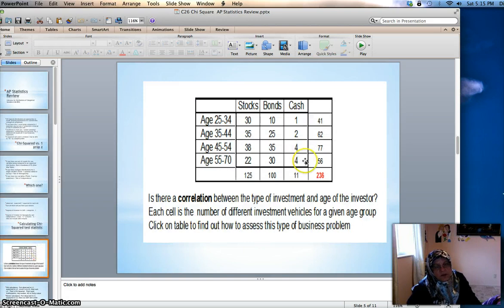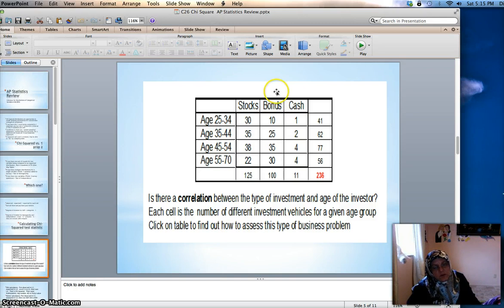Okay, so here's an example. Here is a two-way table. This could be used for a test of homogeneity, because it looks like we would have a single question, maybe about how they're investing their money in stocks, bonds, or cash, but then we have different groups responding. So it's one question, so this would be a chi-squared test of homogeneity.